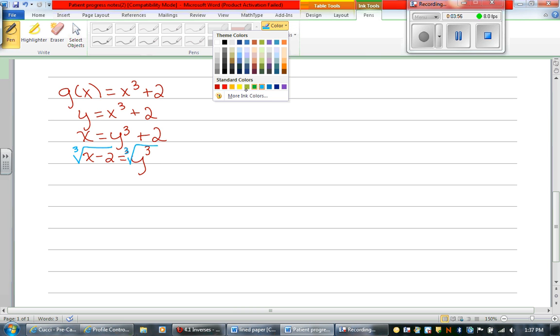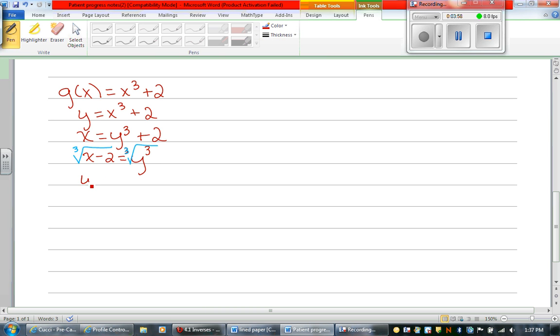So we get y equals the cube root of x minus 2. And of course, we want to make sure that we write it in the right notation. The inverse of g of x equals the cube root of x minus 2. And there's our inverse.